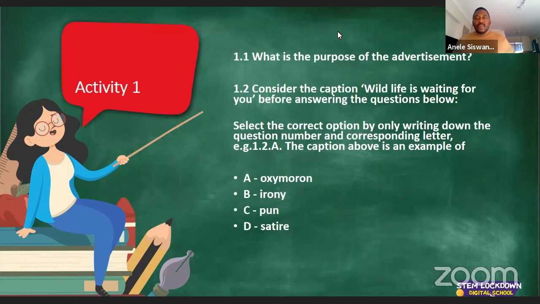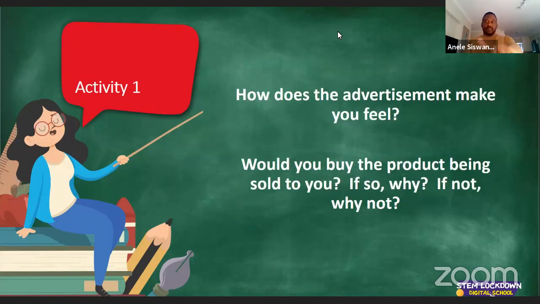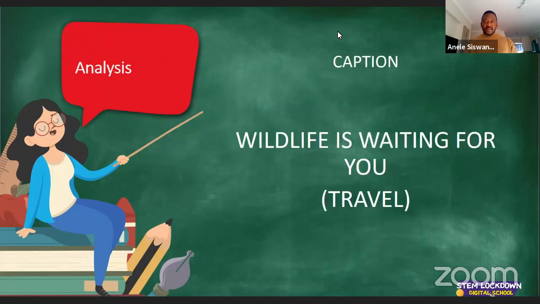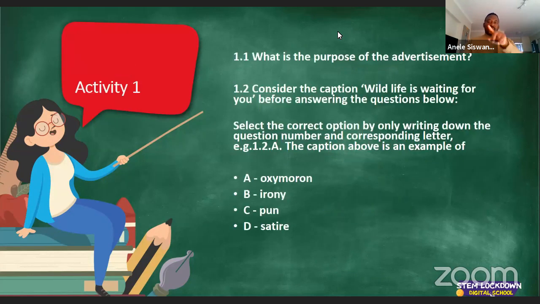So let's kind of work on these questions. What is the purpose of the advertisement? Right? What is the advertisement of this ad that you see here? The picture, sorry. And the caption is wildlife is waiting for you. So the first question is, what is the purpose of the advertisement?